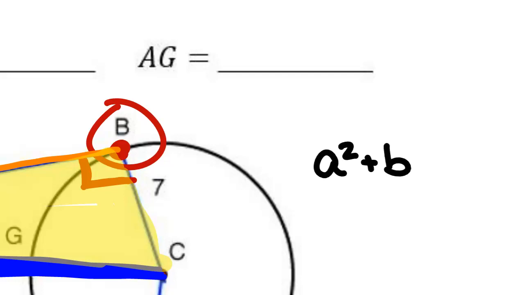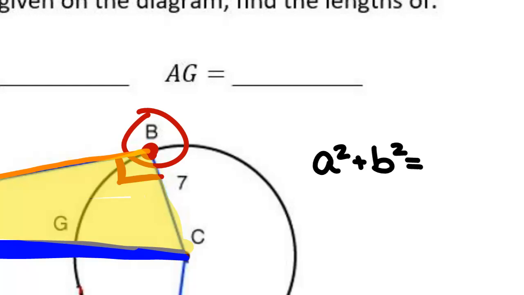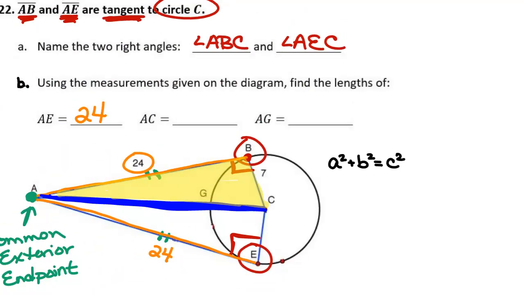A squared plus B squared equals C squared. What are we going to put in for C? I'll put AC. Why do you put AC in? It just makes sense that way. Okay. What do we always have to put in for C? What part of a right triangle goes in for C? The hypotenuse.